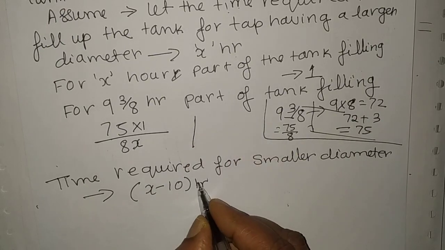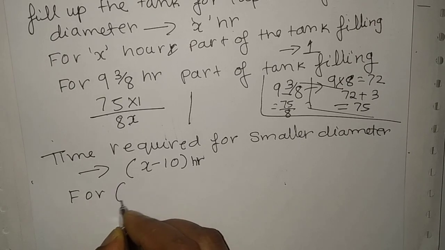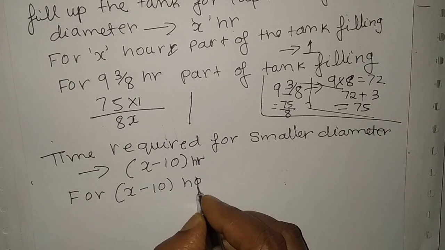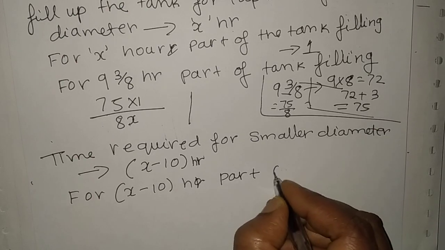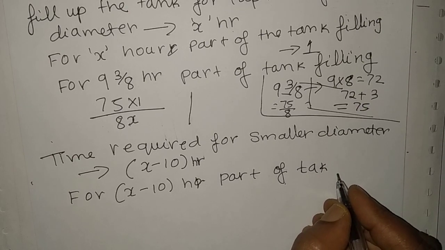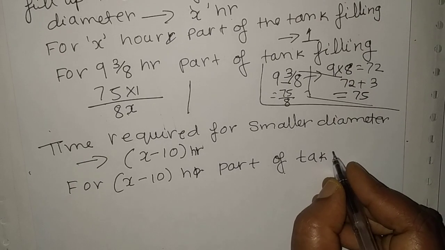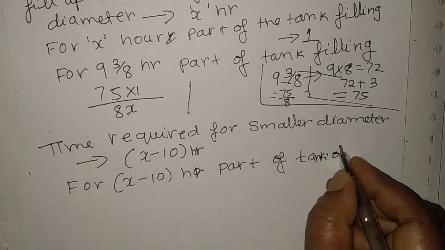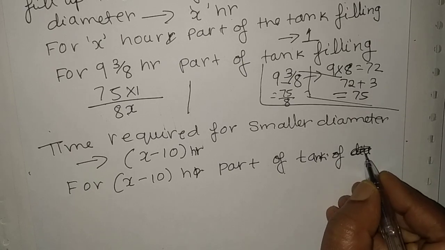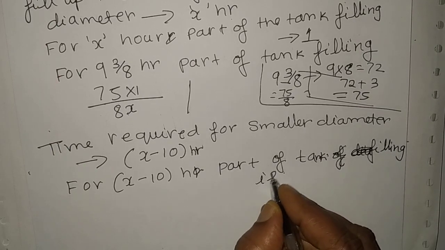Here we took x for the larger diameter, and for the smaller diameter, for the same thing we have to write x minus 10 hours. For x minus 10 hours, the part of the tank filling is, same thing as we wrote, 1.